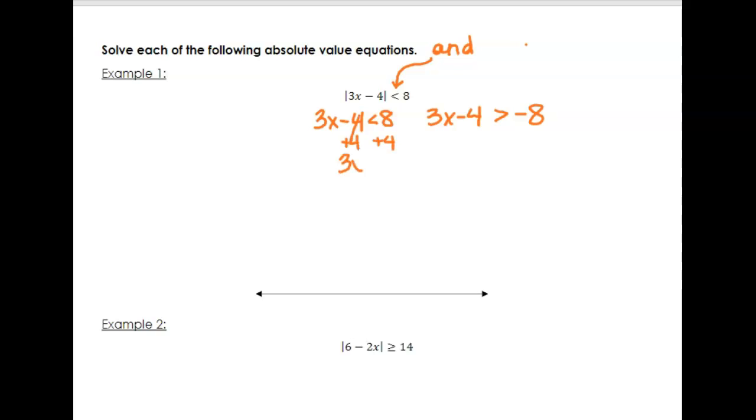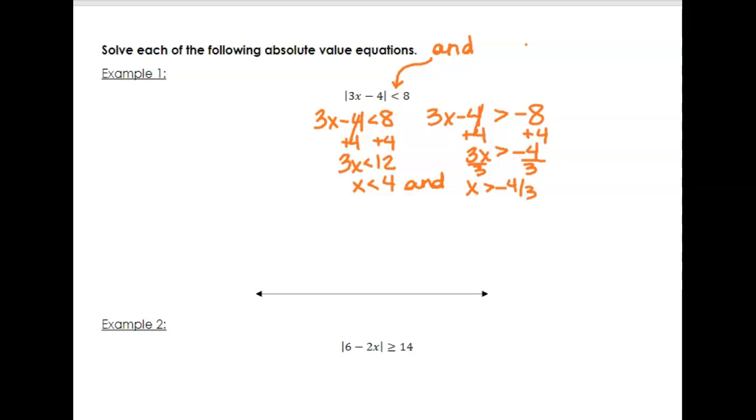I have 3x is less than 12, and if I divide by 3, I have x is less than 4. And solving this inequality, I have 3x is greater than -4, and I have that x is greater than -4/3.